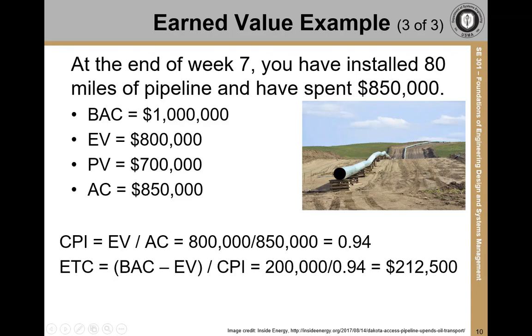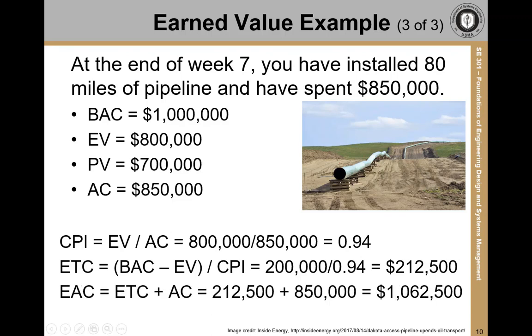To find the estimated cost to complete, you see that there is $200,000 of value left to generate. And you do this by subtracting 1 million minus the earned value of 800,000. Then divide that by the CPI to find that you expect to spend $212,500 more in order to complete the final 20 miles.